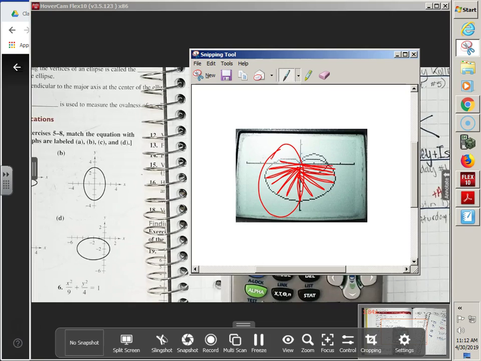Okay, so I need to do this plus this minus this, if you're thinking about the shapes.